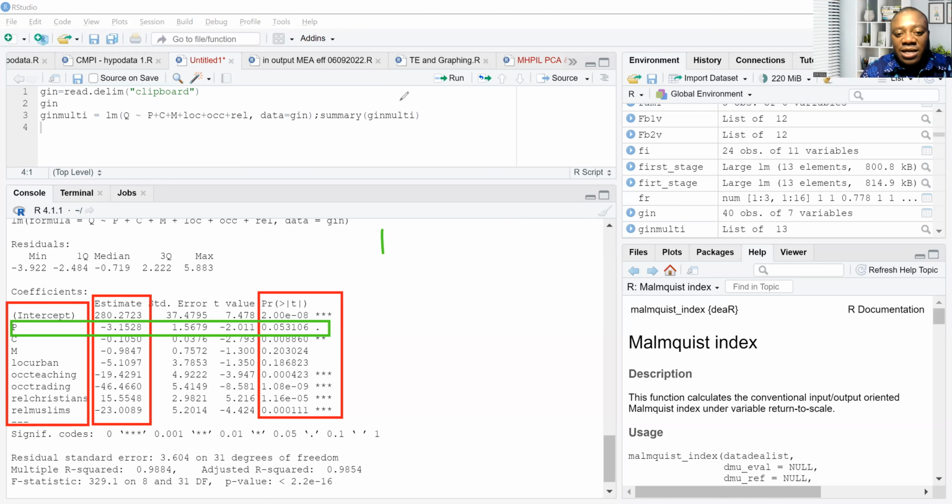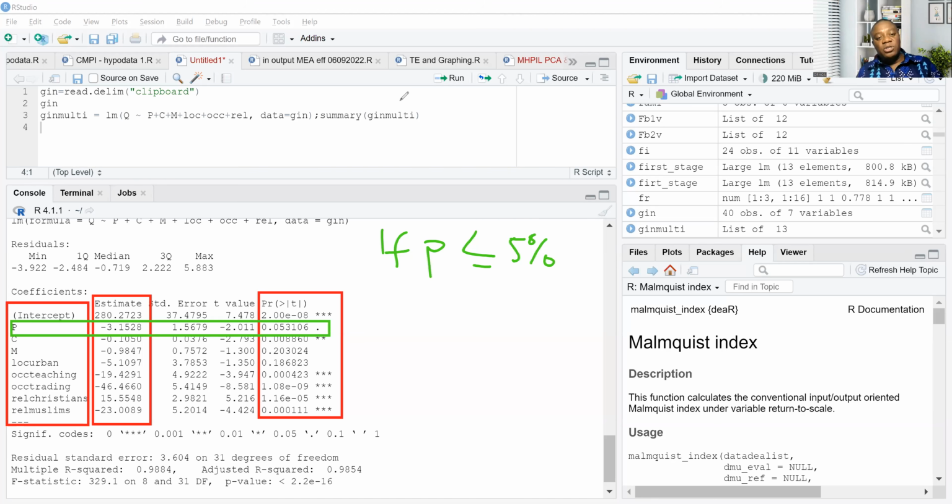If the p-value of that independent variable coefficient is less than or equal to 5%, then it is statistically significant.